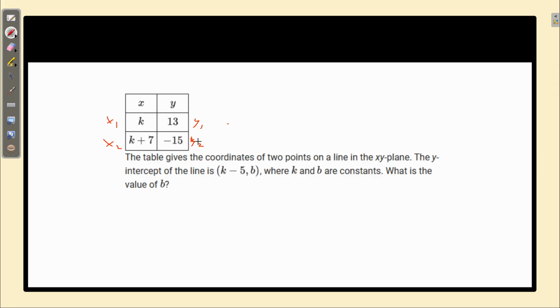Well, y2 is negative 15 minus y1 over x2, which is k plus 7, minus x1, which is k. So what do we get? We get negative 28 over 7, which equals negative 4. So that's our slope.